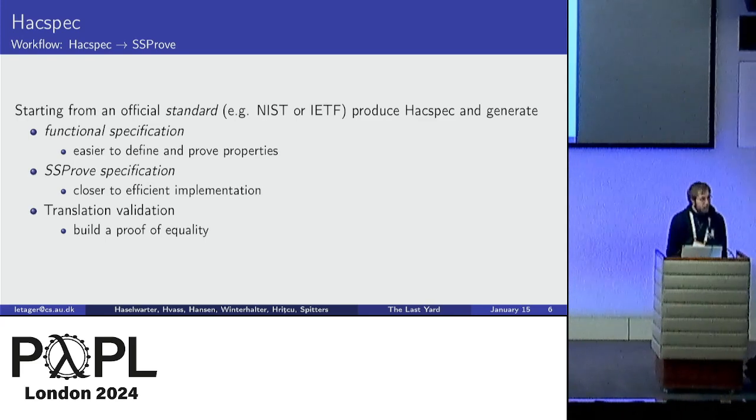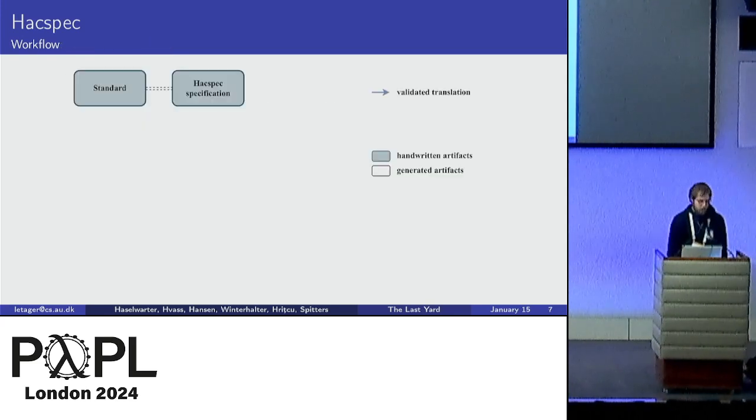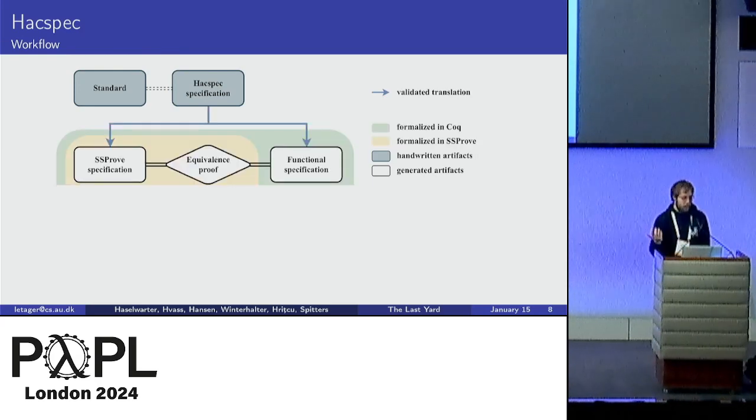And lastly, we add translation validation for this translation, where we build a proof of equality between the functional specification and the SSProve specification. So in the workflow, we take a standard, write it in Hacspec, and then we translate that specification automatically to an SSProve specification, a functional specification, and a proof of equivalence between them.